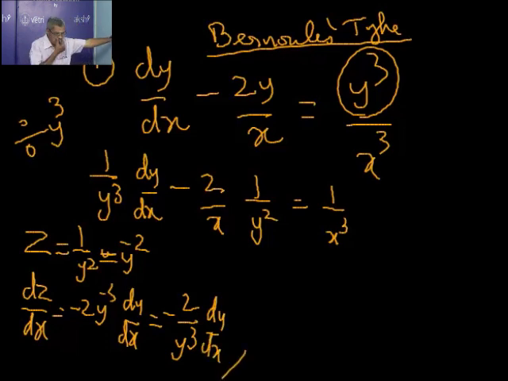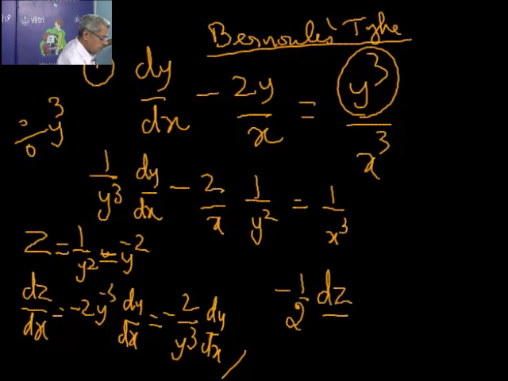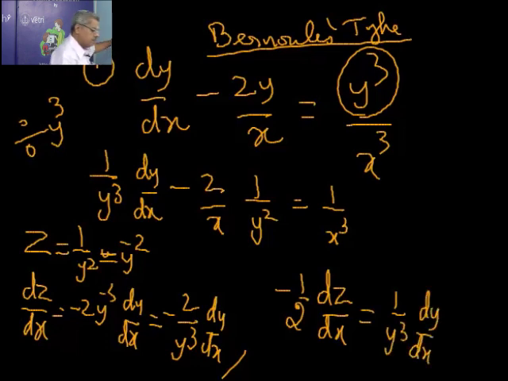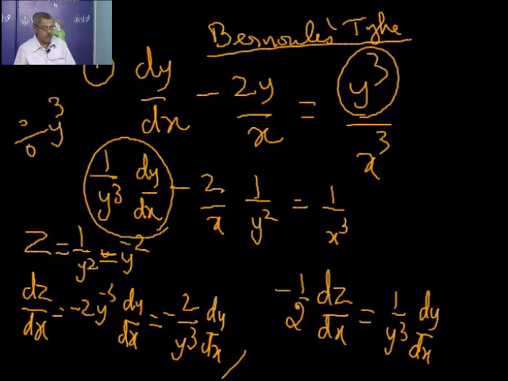Hence 1 by y cube dy by dx is equal to minus half dz by dx.